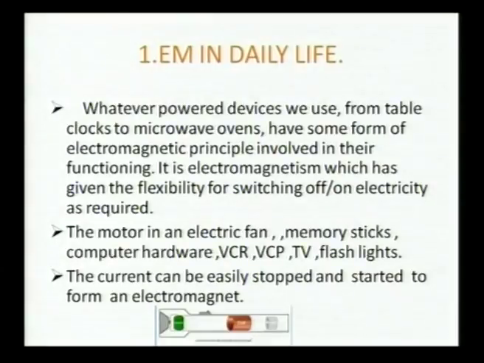Whatever power devices we use in our homes and offices, there is some form of electromagnetism in their functioning, such as electric fans, loudspeakers, DVD players and televisions, video cassette recorders, video cassette players and so on. These are the examples of electromagnetism in daily life.